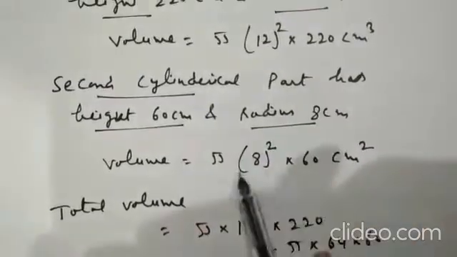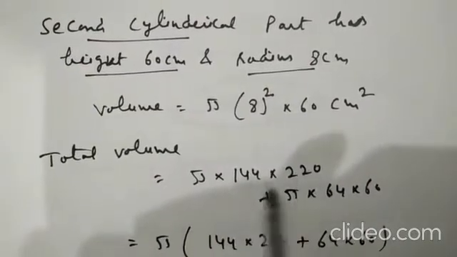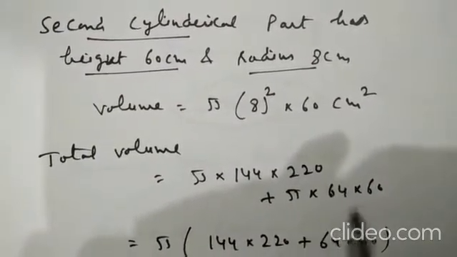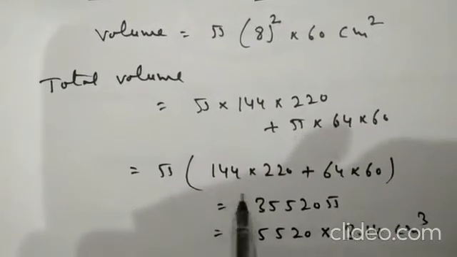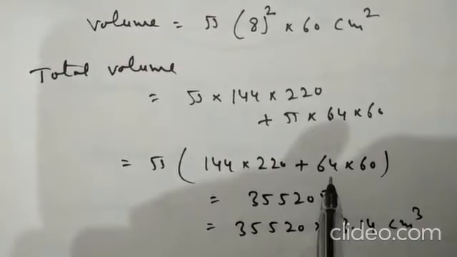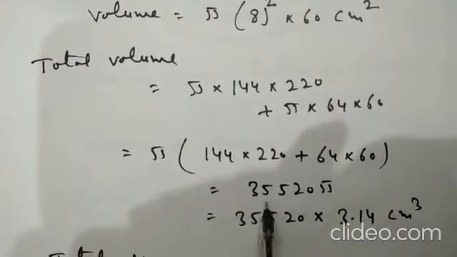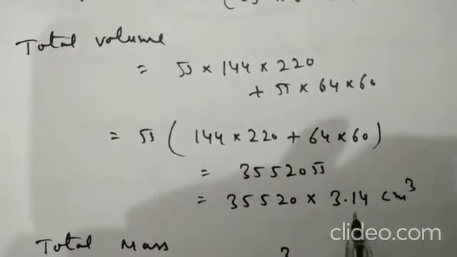Keep the radius and height separate. Total volume is the volume of the big cylindrical part plus the volume of the small part. Taking pi common and putting the values, 144 into 220 plus 64 into 60, 35520 pi. Then putting the value of pi.